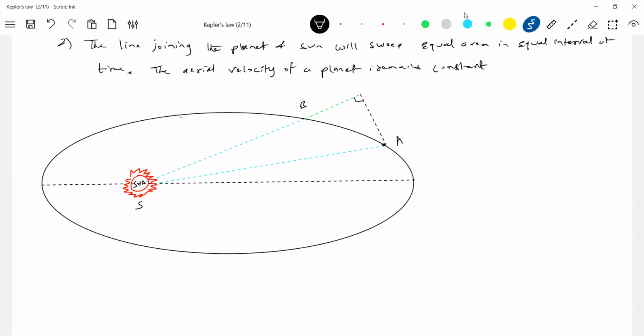At t equals 0 it is here. After some time, t equal to delta t, it will be here, the planet moving in an elliptical orbit. This is the orbit, the path of the planet.